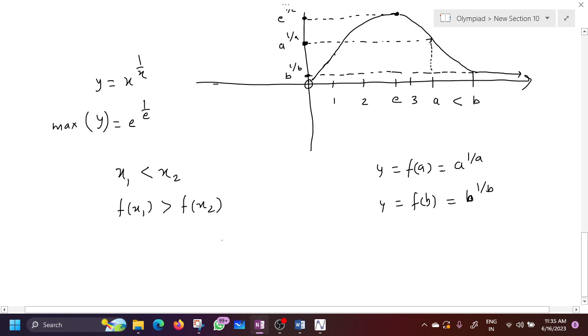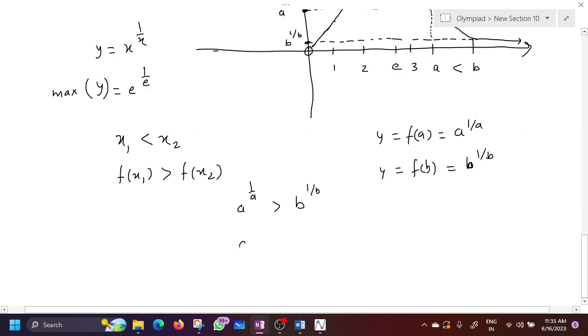So it means that a to the power 1 by a will always give a greater value than b to the power 1 by b, or simply put, a to the power b will always give you a greater value than b to the power a.